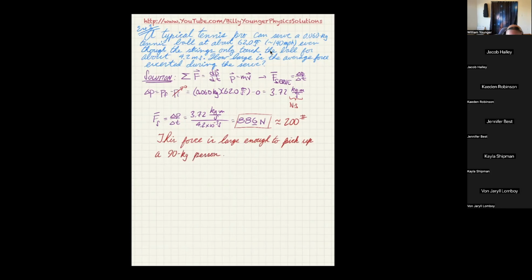So that's a pretty big deal. Just to give you an idea of roughly how big that is, I thought it'd be nice to put that Newton measurement in context.